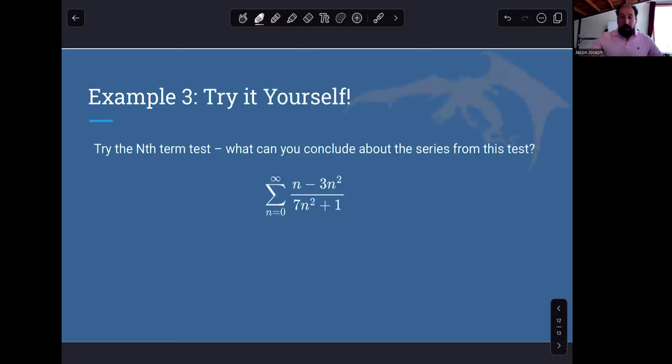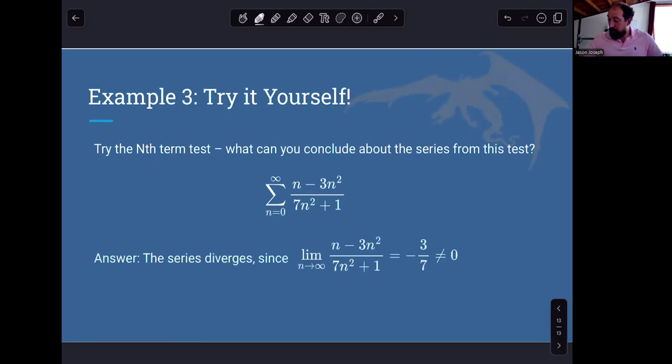Okay, great. So here's an example. Try the nth term test on this series and answer that specific question. What can you conclude from this test? So give that a whirl, pause the video, and here is the answer.